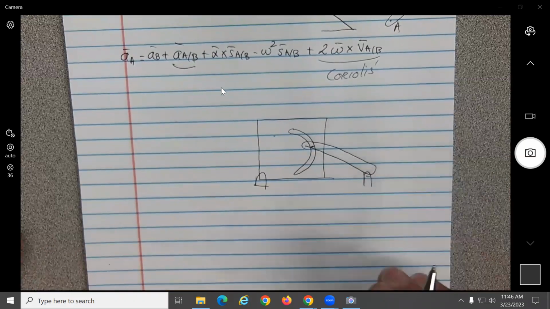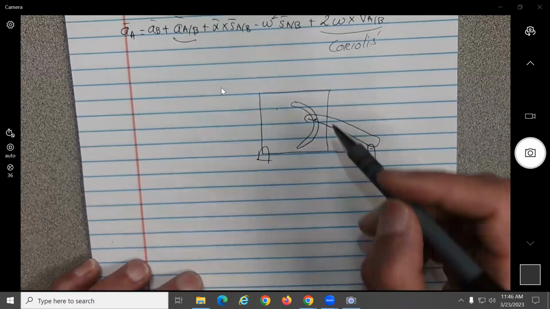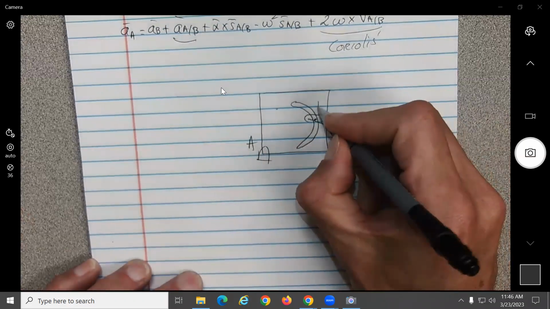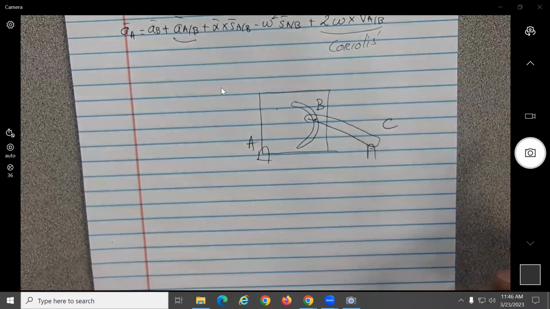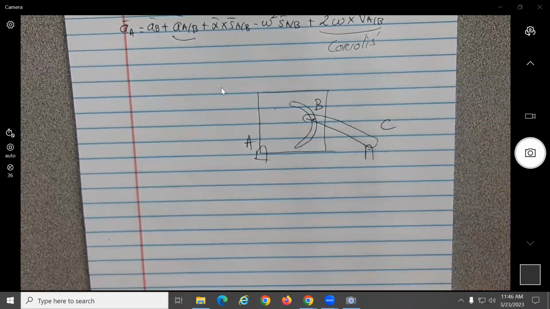So in this kind of problem, it's called A, B, and C. When you go from B to C, do you have relative terms? Is the distance between B and C changing?